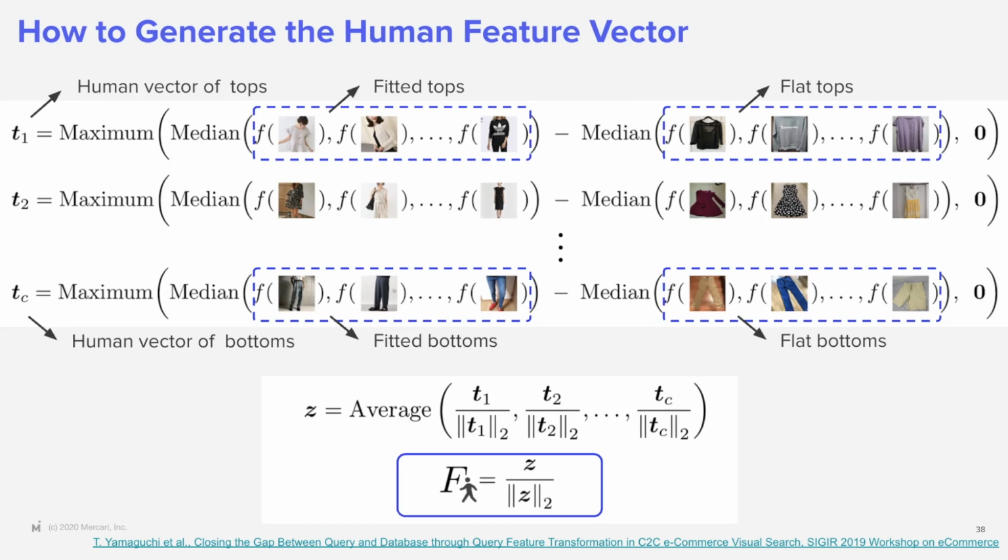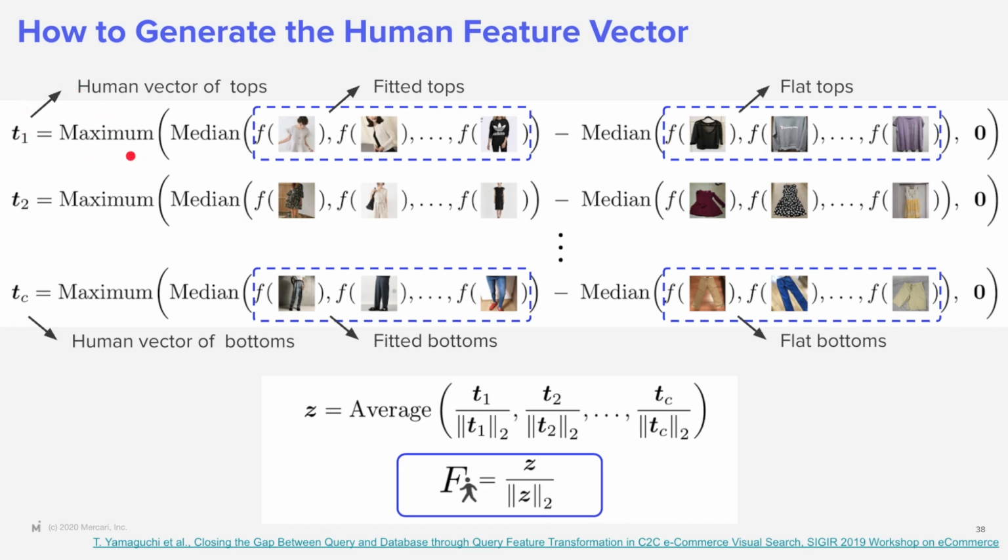Regarding the human vector capital F, it was generated this way. For some apparel categories like tops, dresses, and bottoms, difference vectors between fitted apparels and flat apparels were calculated. The T1 represents a human vector of tops.